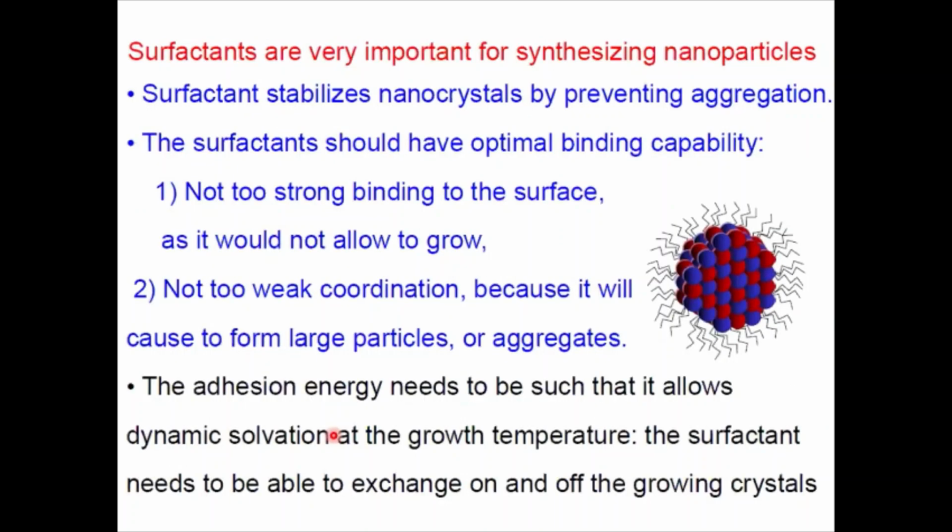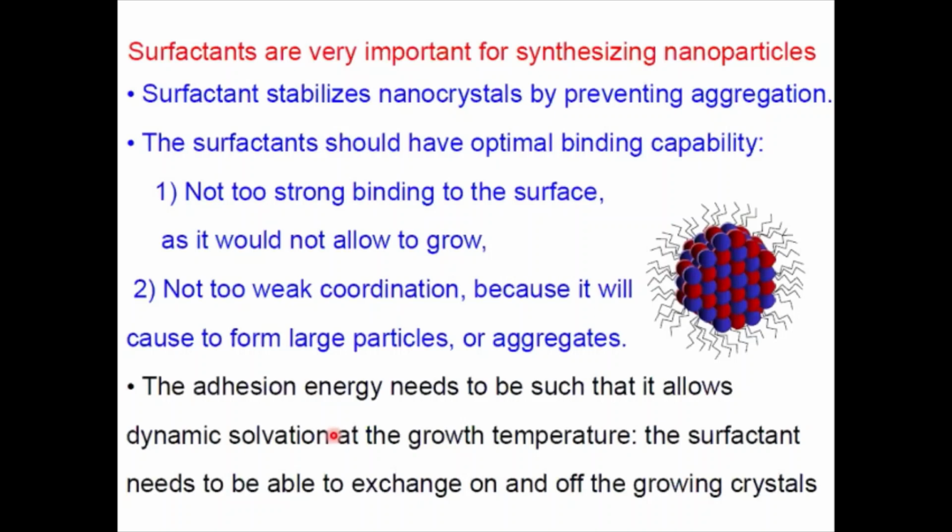Okay, so the surfactants are very important for synthesizing these nanoparticles because the surfactant stabilizes the nanocrystals by preventing aggregation, and the surfactants have optimum binding capability, right? Not too strong so that it would not allow growth, and not too weak, right? So it should not form aggregates.